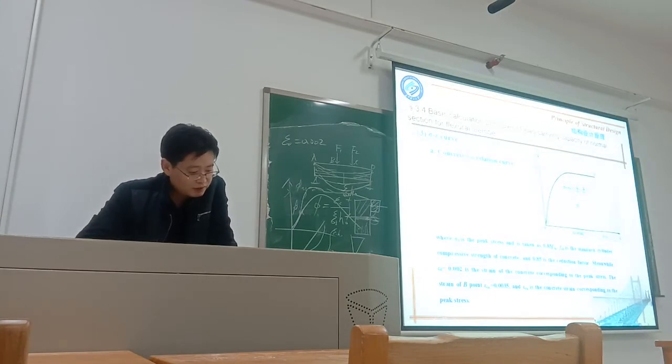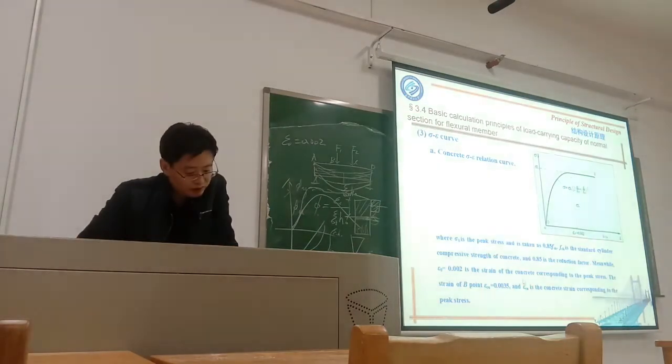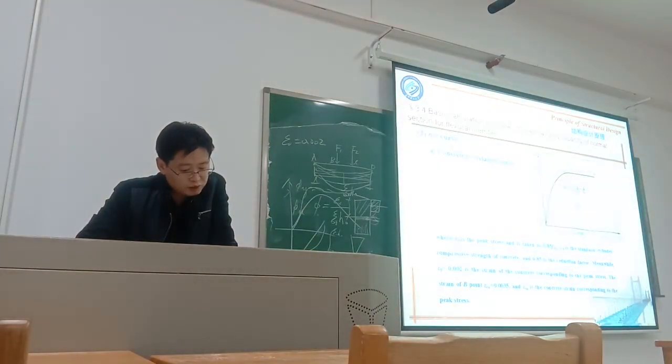Meanwhile, epsilon 0 equal to 0.002 is the strain of the concrete compressed to the peak stress. This point has this sigma 0 and this epsilon 0.